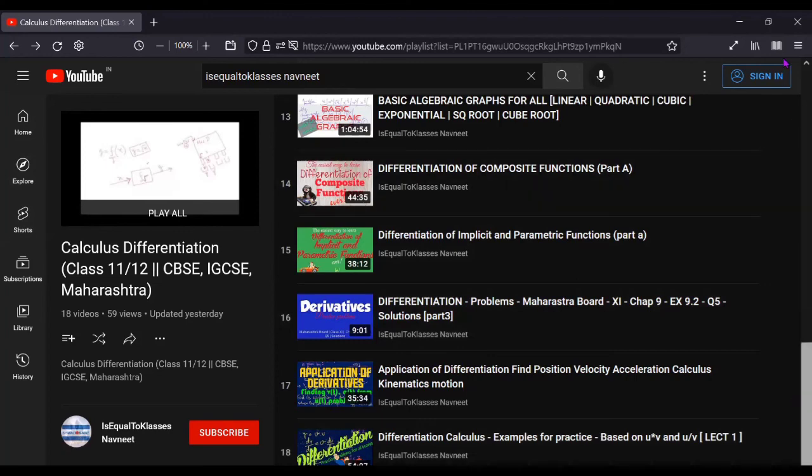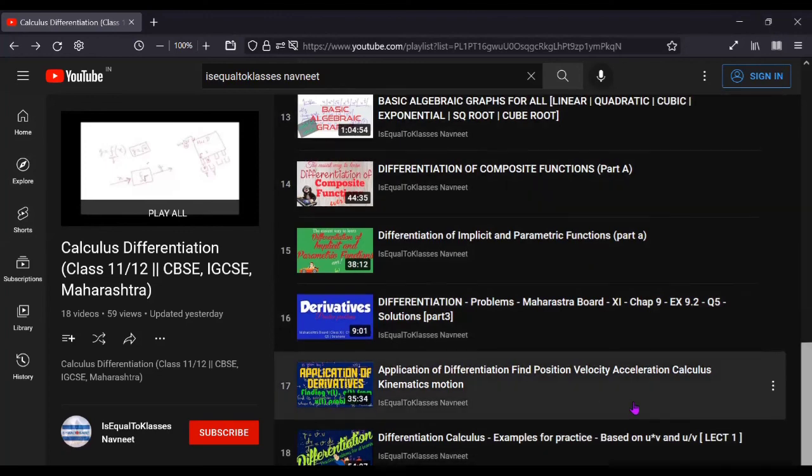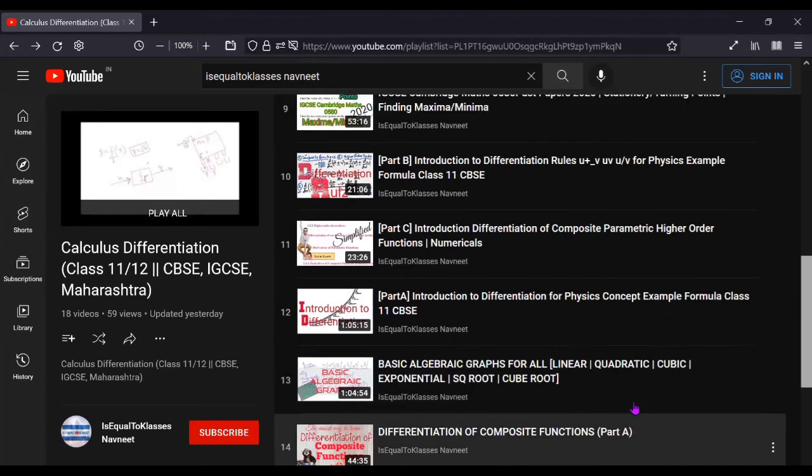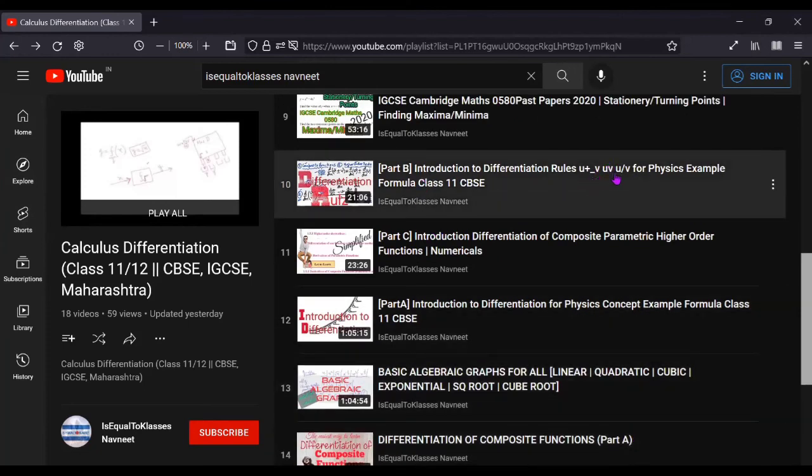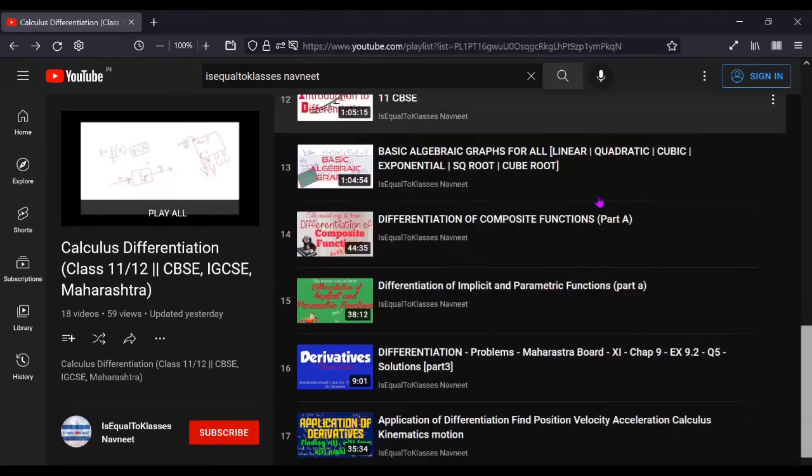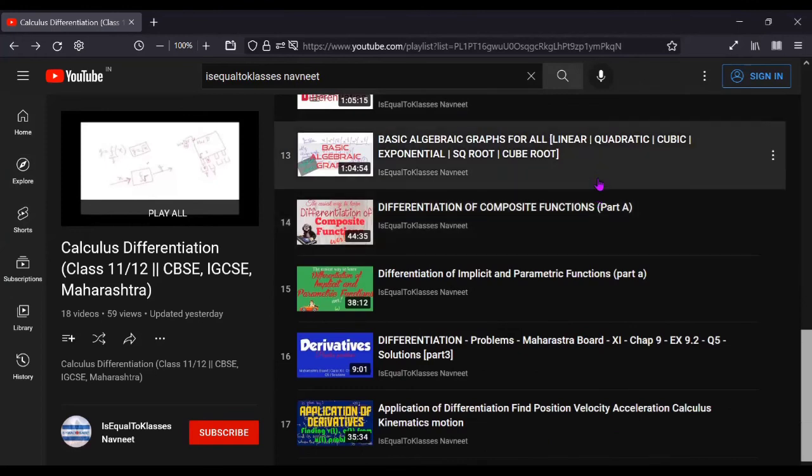So this is a pretty detailed lecture. Or if you haven't understood, then you look at this introduction to differentiation rules, u plus minus v, u v, u upon v for physics example formula, class 11th. Any doubt, Avantika? No. Okay.